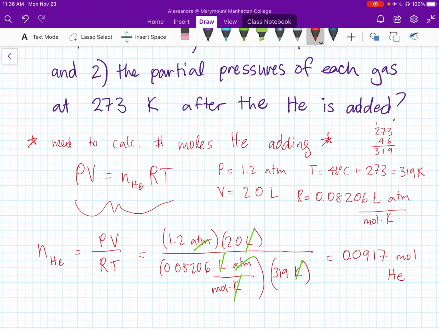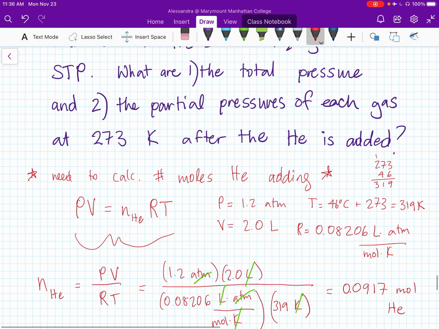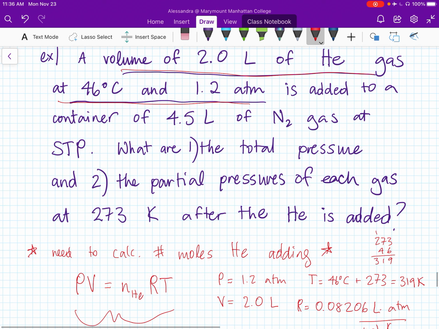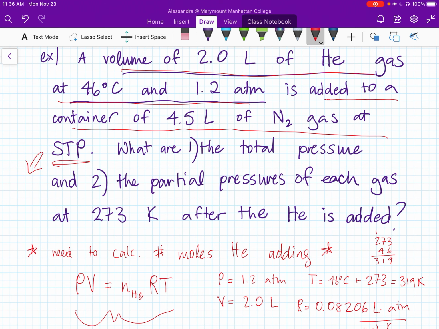So that calculation was important because it told me how many moles of helium I am injecting into the container. So remember that I'm adding that many moles of helium to a container that contains 4.5 liters of nitrogen gas, which is at standard temperature and pressure. Standard temperature and pressure is defined as 0 degrees Celsius, which of course is 273 Kelvin, and 1 atmosphere.